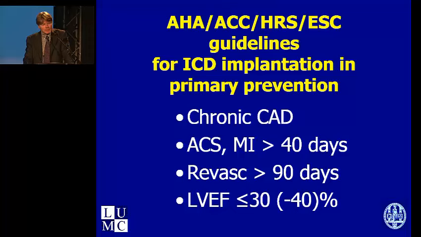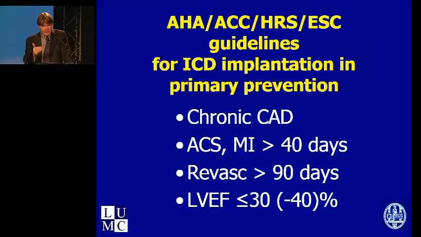The guidelines then moved on, and the guidelines are recommendations, and the Class 1 recommendations are must-do recommendations. So the AHA, ACC, HRS, and ESC guidelines are all on the same track, pointing out that for primary prevention, ICD implantation in chronic CAD has the following features.